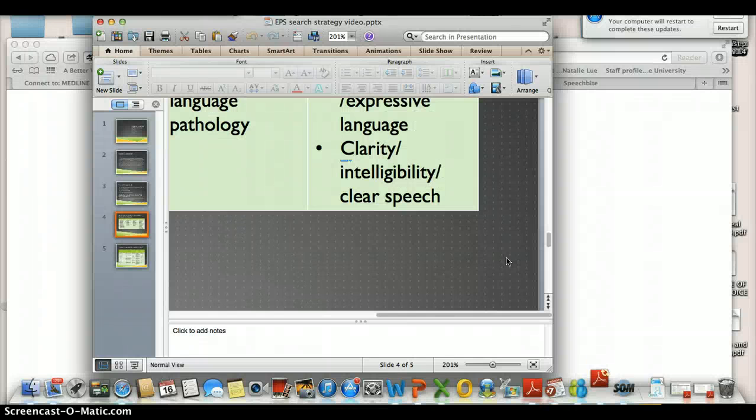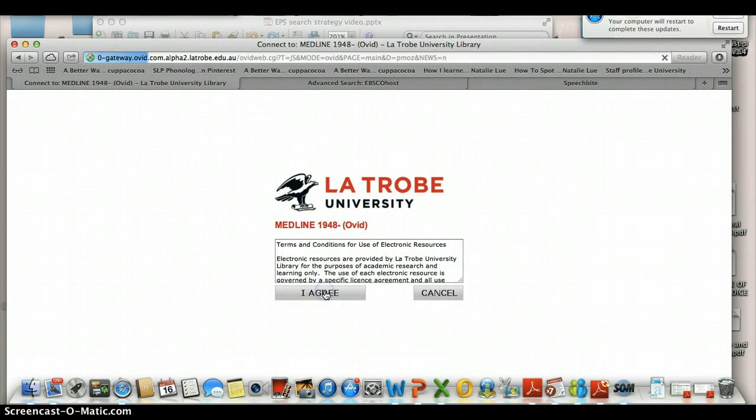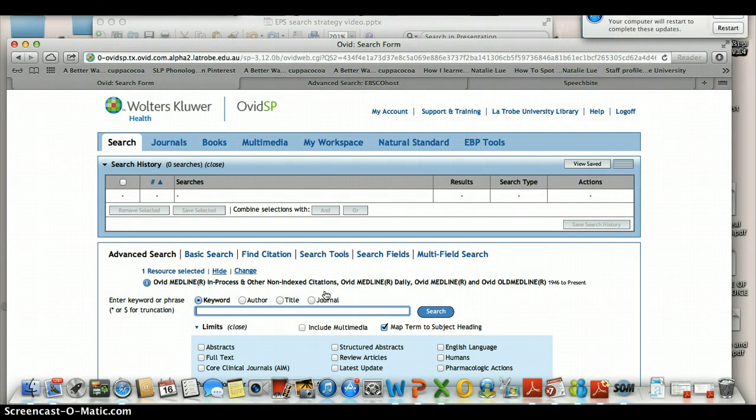So when we take those terms and go into the databases, for the keyword, you can put in Parkinson's, Parkinson with the star, and press search.